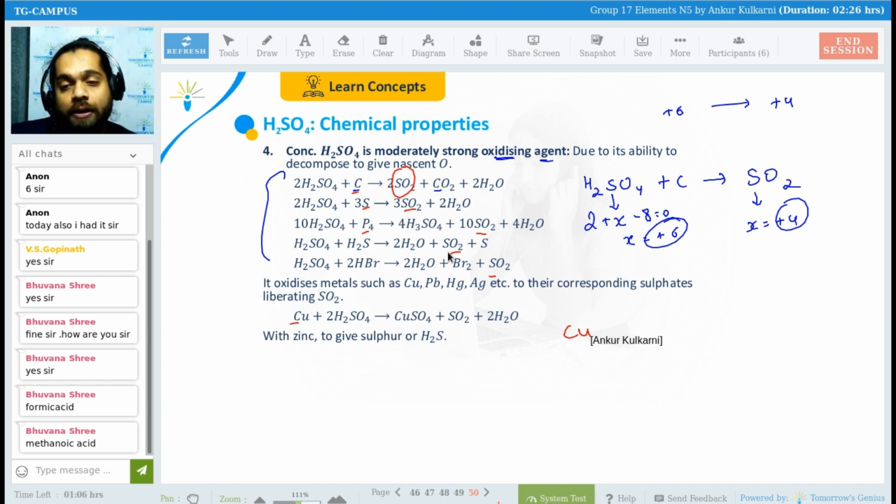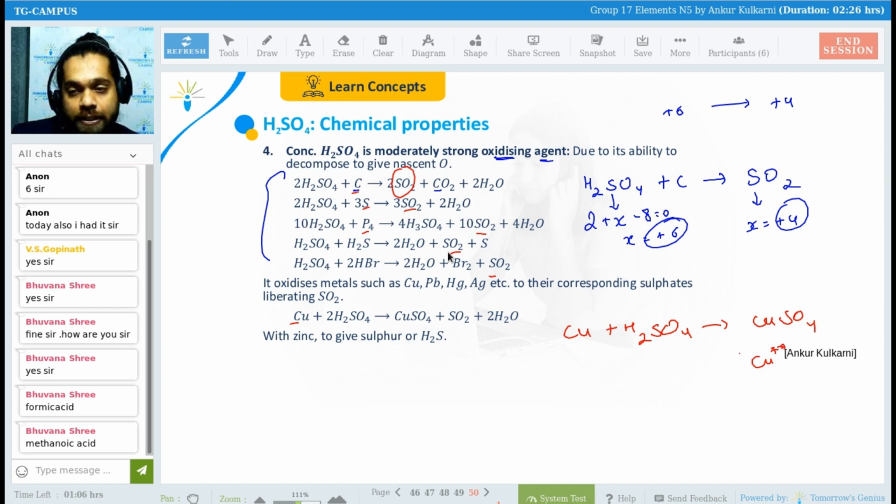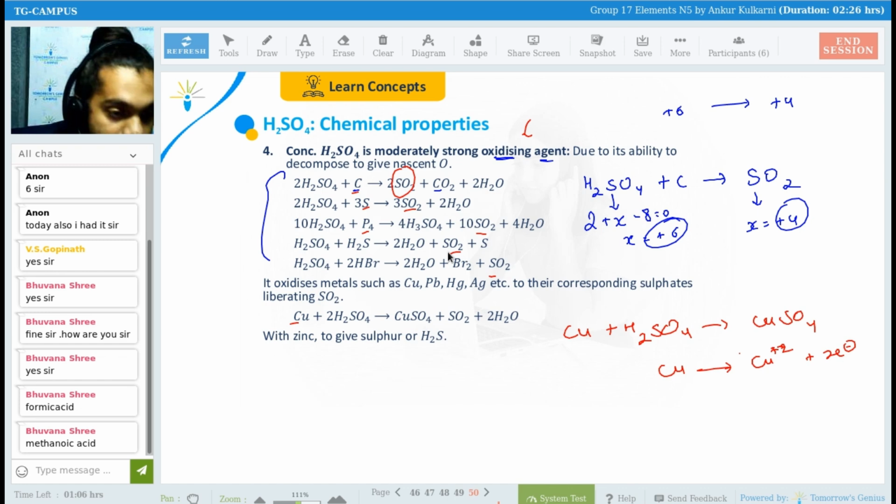For example, if I react copper with H2SO4, I get copper sulfate, which means Cu plus 2. So Cu is getting oxidized. So it acts as an oxidizing agent even for metals.